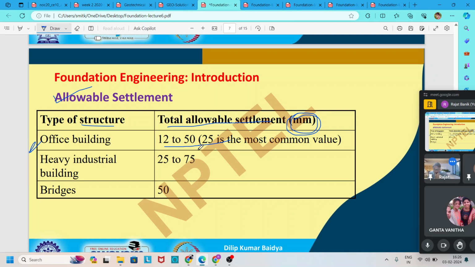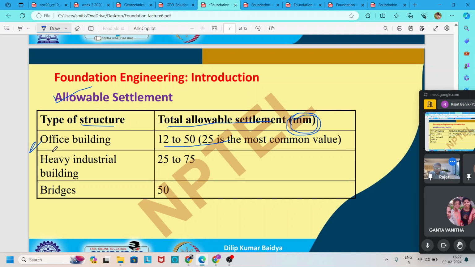That means if the structure or building is very important for us, the settlement should be less for this type of building.